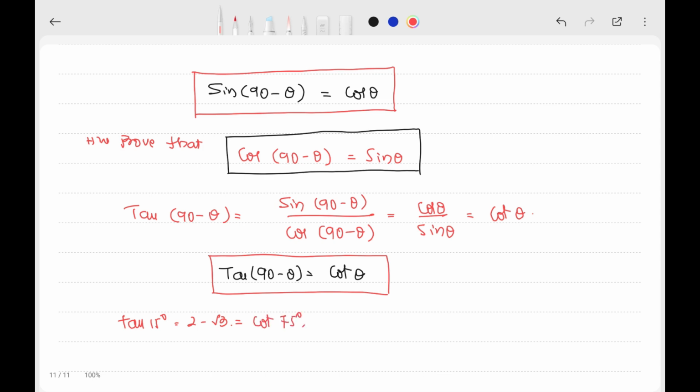And tan 75 is equal to cot 15. When tan 15 is given as 2 minus root 3, cot 15 will be 1 by tan 15, that is equal to 1 by 2 minus root 3. Substitute these values.